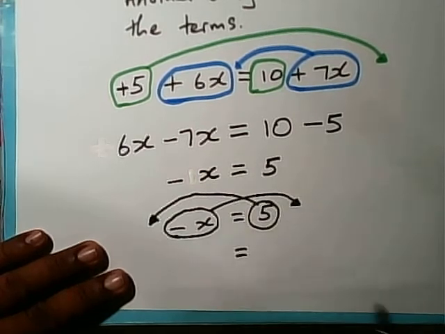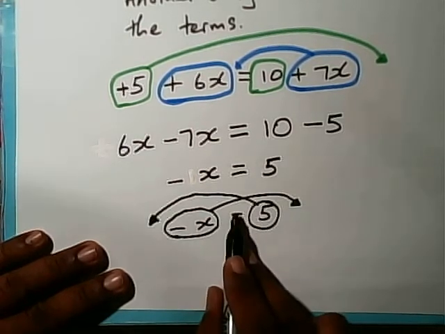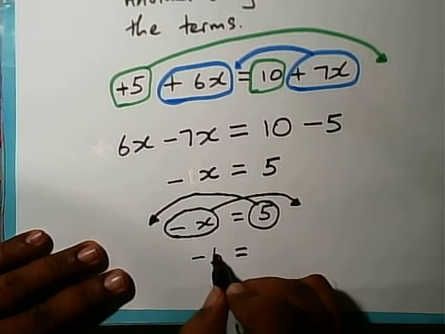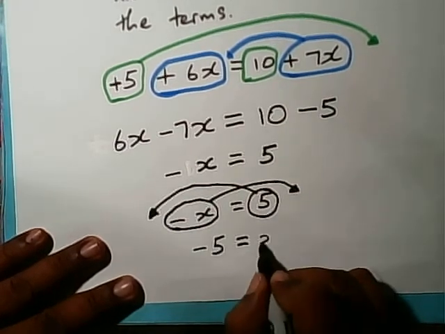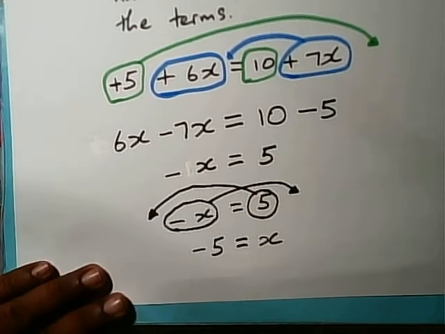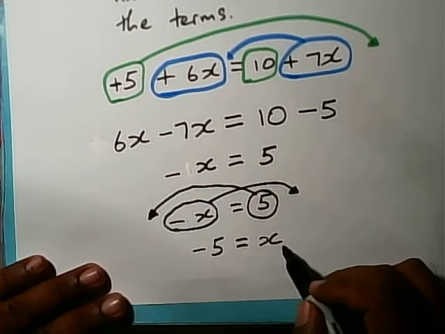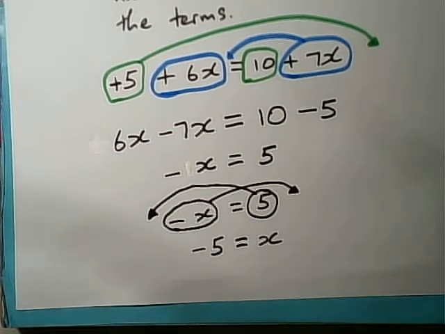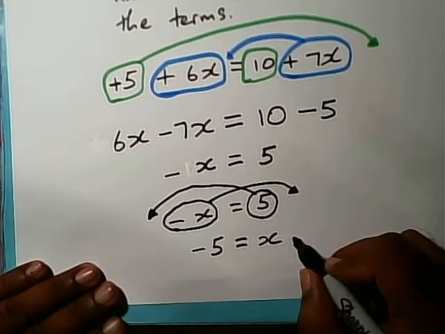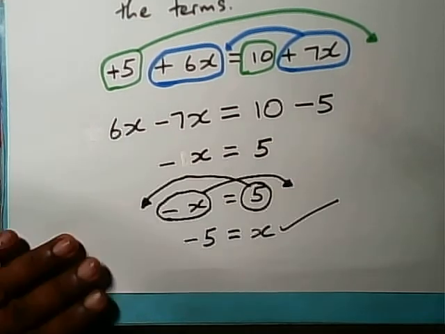What will I get now? If 5 crosses the fence, I'll get minus 5. And if minus x crosses the fence, I'll get ordinary x. So my aim was to get a plain x alone on one side. When you do that, you get out the answer.